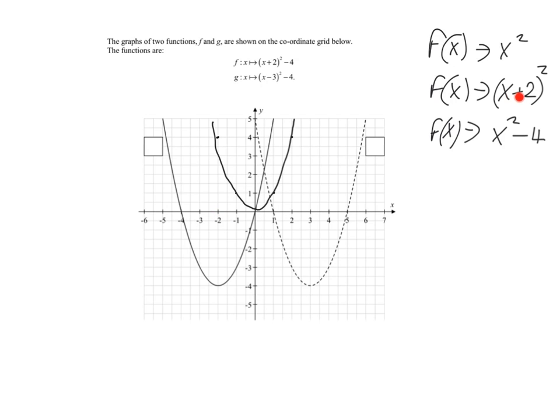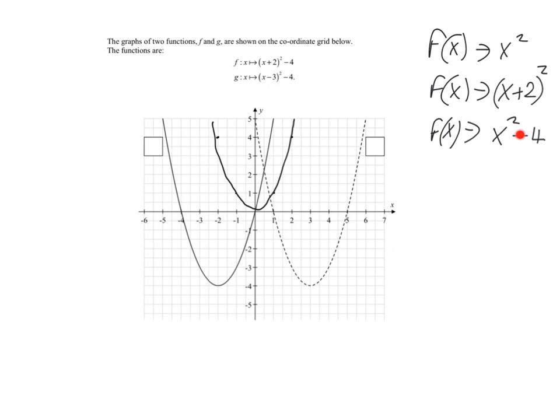If you had, say, x minus 2 here, then it would cause it to shift 2 places to the right, like that. The other thing you need to be aware of is what's called a vertical shift. What I mean by that is when you add or subtract a number from the function. So the function here was x squared. If for example we take away 4 from x squared, we're really taking away 4 from f of x, which is y.